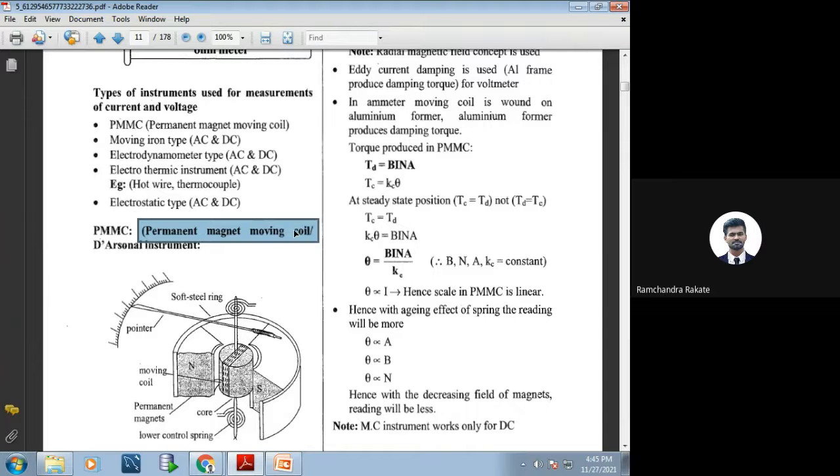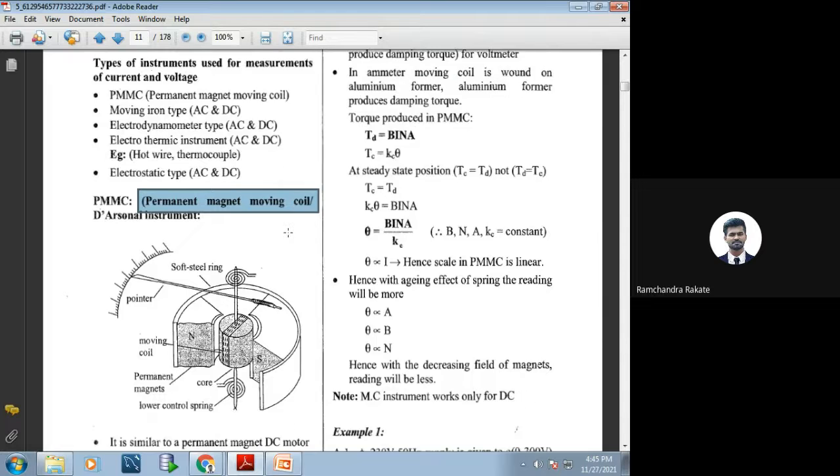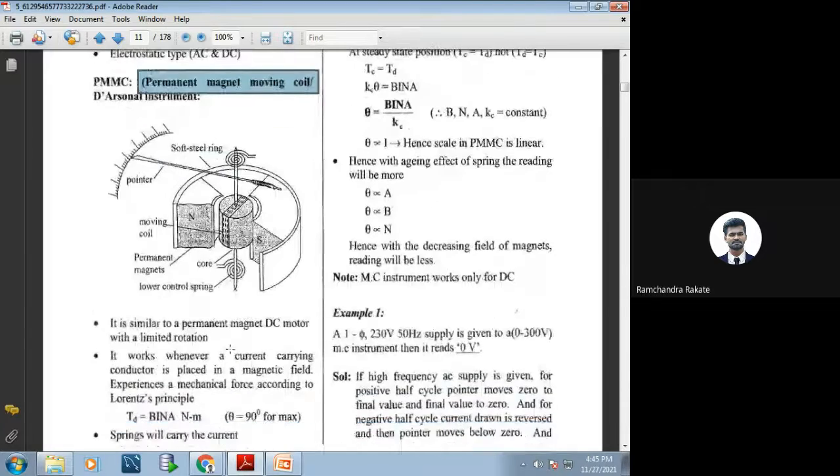Correct? Now quietly look into the picture and tell me which kind of controlling torque, which kind of control mechanism we have used. Please let me know.